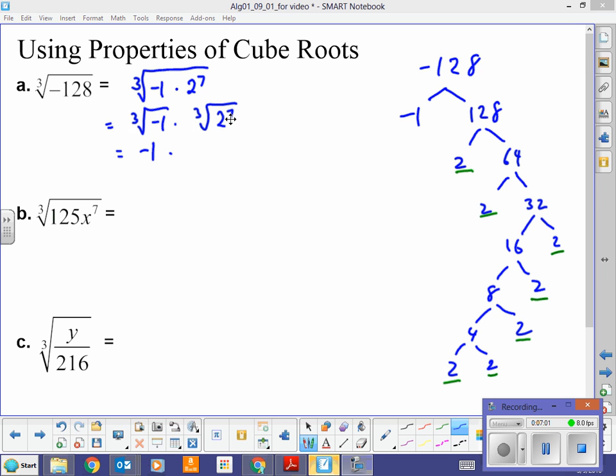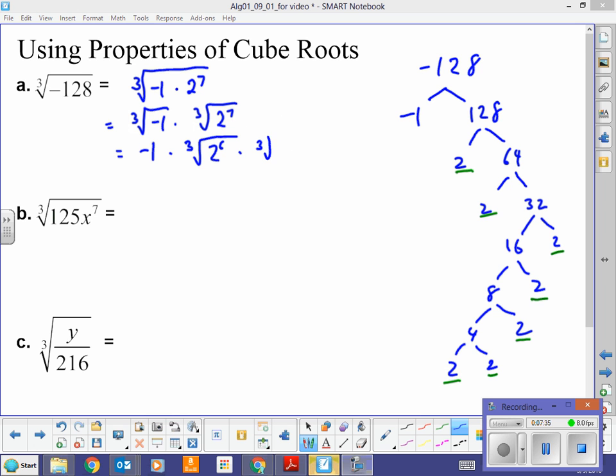Now, let's talk about the cube root of 2 to the 7th power. Every 3, 6, 9 are going to be perfect cubes, right? To the third power, to the 6th power. So I can think of this as the cube root of 2 to the 6th times the cube root of 2. I'm going to split it here to save myself a step.